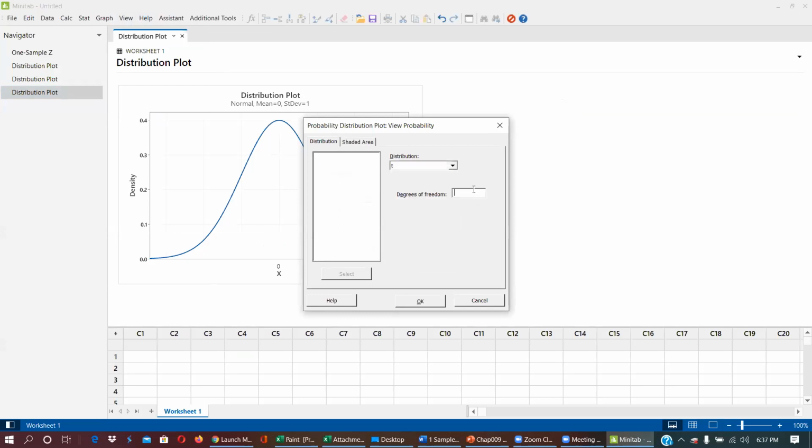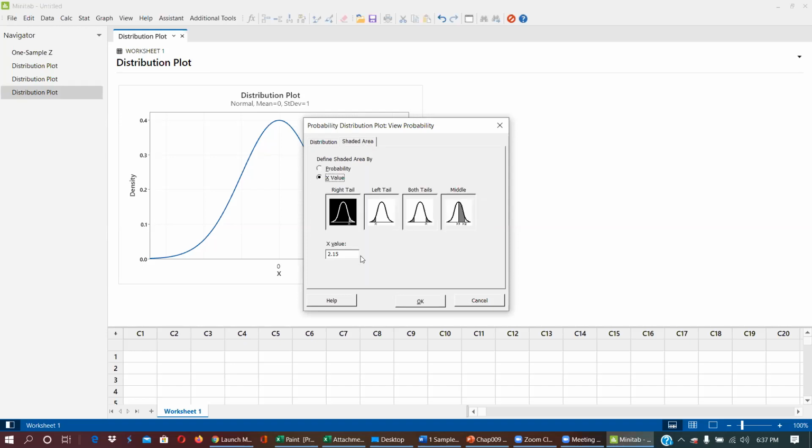Degree of freedom is 24 minus 1, which is 23. For the shaded area, we need probability 10%, because we need 5% on the right side and 5% on the left side.